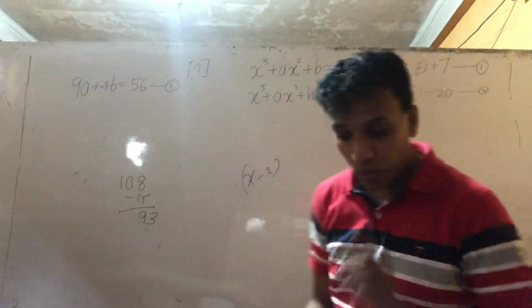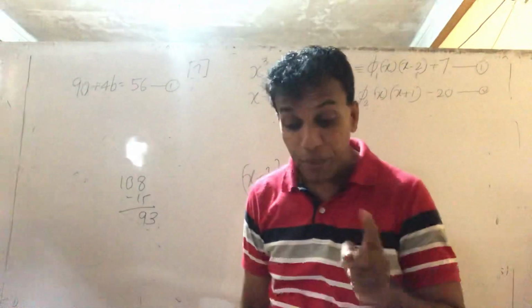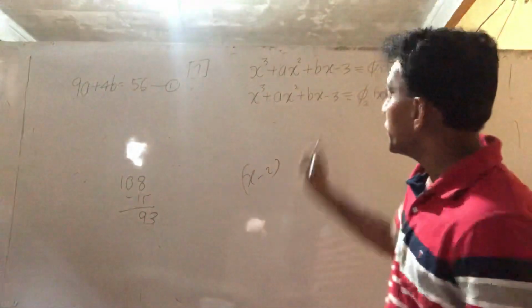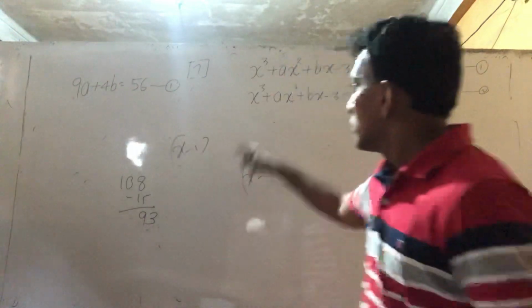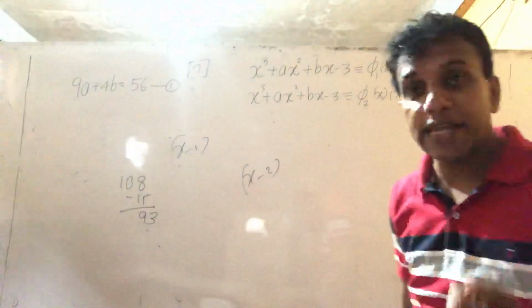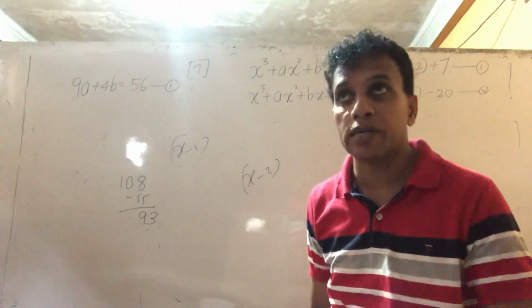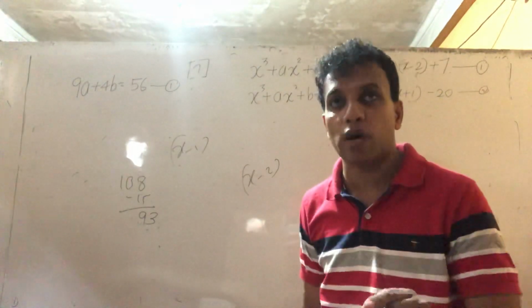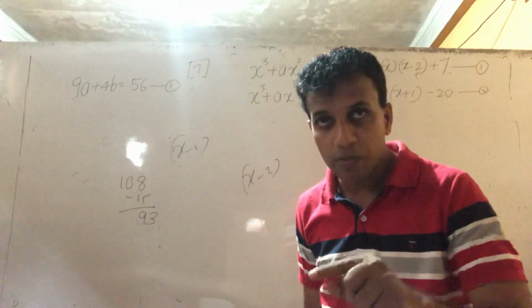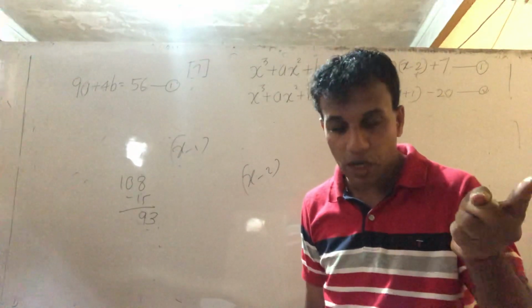Now the question is, calculate the remainder when this is divided by x minus 1. These two data are available, and they ask to find the remainder when the given expression is divided by x minus 1. It is a little different from the previous question number 6.